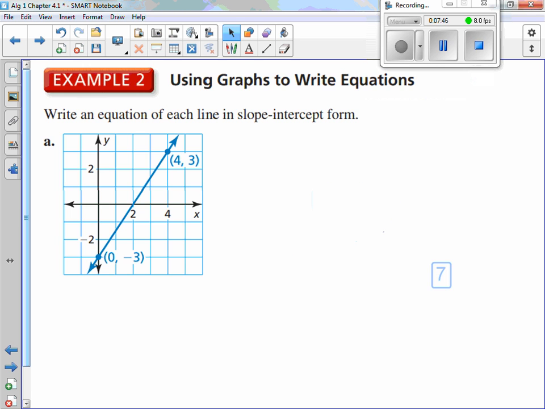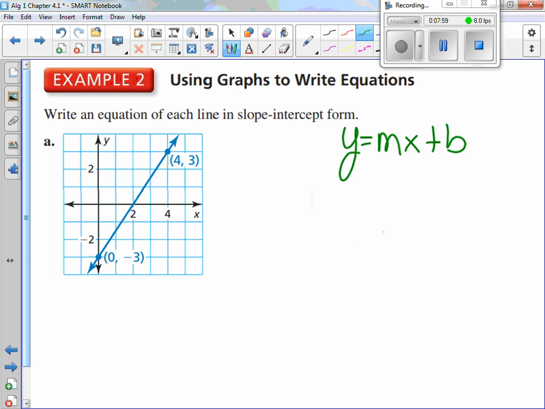Okay, well, let's look at what's next. Now this here, again, we're still writing an equation in slope-intercept form. We want to write this in the form of y equals mx plus b. Now the y-intercept is where it crosses the what?